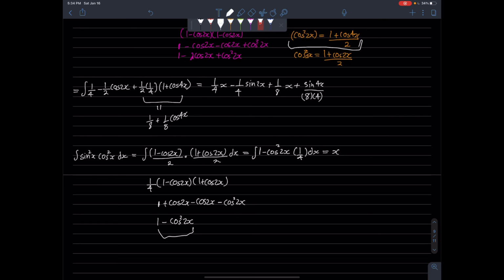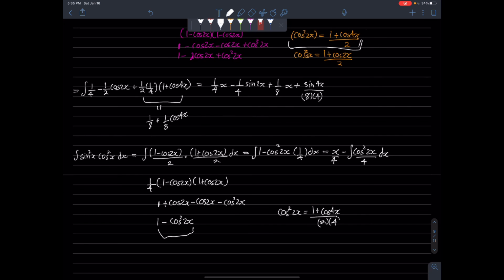So it's just going to be x minus the integral of cos squared 2x, sorry, it's going to be over 4, cos squared 2x over 4 dx. And we know cos squared 2x is equal to 1 plus cos 4x over 2.